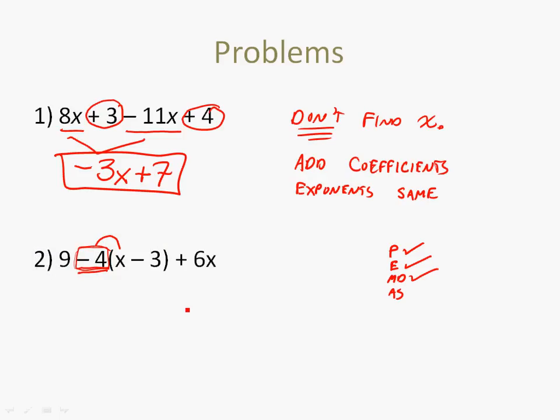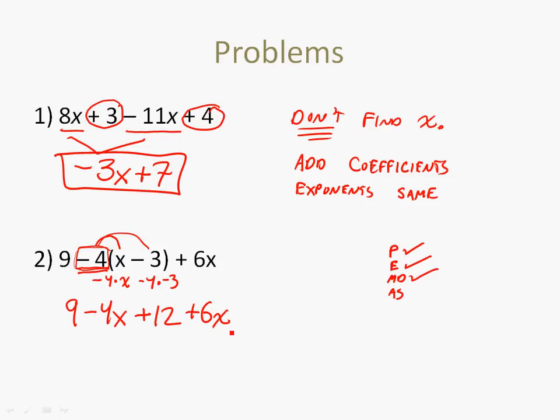Many times students forget when there's a negative sign here that negative, that minus, also has to be distributed to both terms that are in the parentheses. So, when I do this, I'm going to have negative 4 times x, and I'm also going to have negative 4 times negative 3. So I'll have 9 minus 4x, and now since I have a negative times a negative, it's going to end up being plus 12, and then plus 6x.